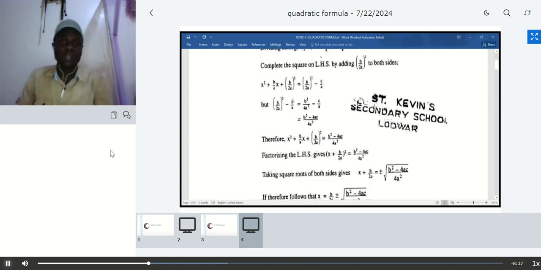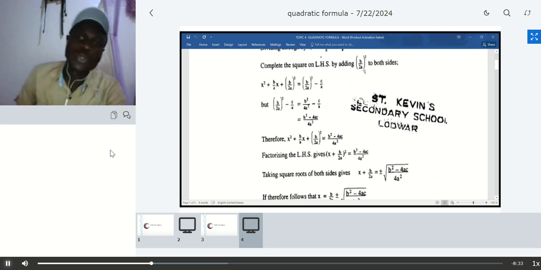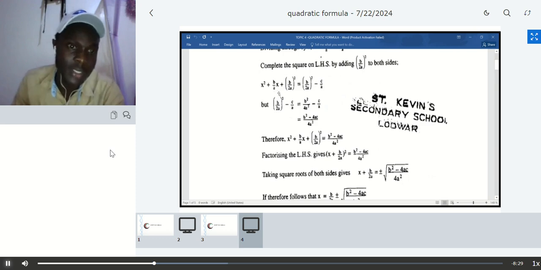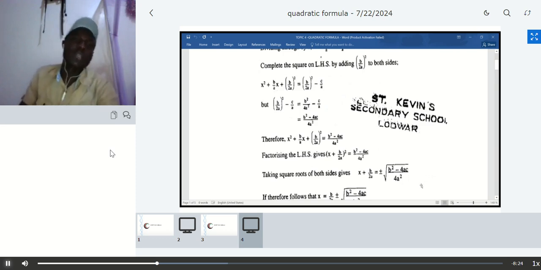We complete the square on the left hand side by adding b over 2a squared to both sides. X squared plus b over a x plus b over 2a squared is equal to b over 2a squared minus c over a.